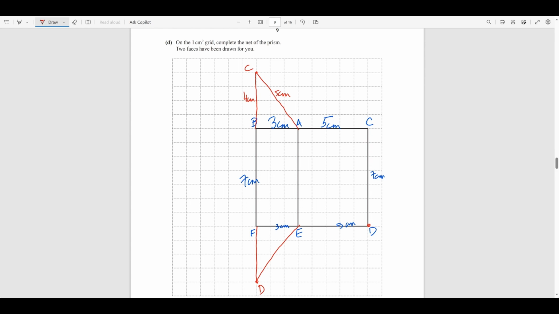These letters are just for you to understand that if D would come back to the original position in 3 dimensions, then it would move right above D. So FD has to be 4 centimeters away and this will be 5, right?